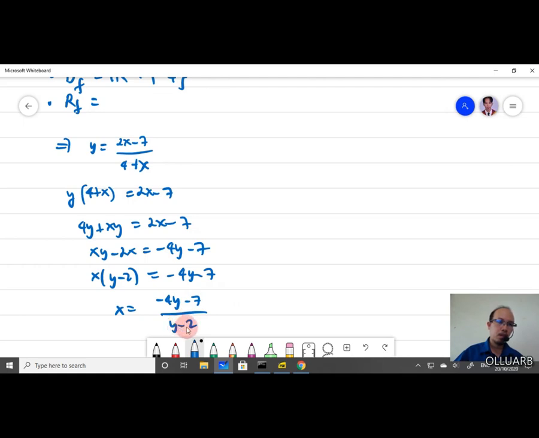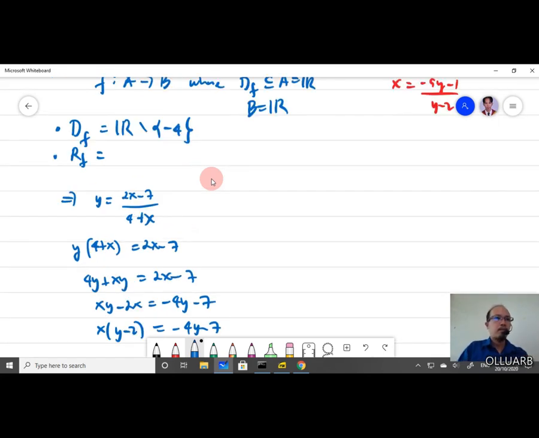So when y is equal to 2, the denominator is 0. So we have undefined. So the range is the set of real numbers except positive 2.